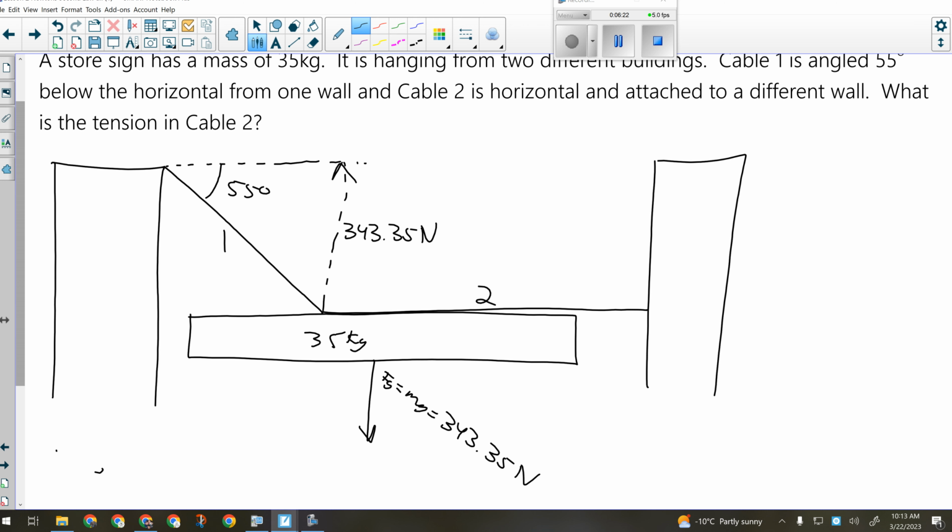So that means that this side here is what is offsetting the pulling force provided by cable 2. If I didn't have that, the sign would go flying over into the other building, and falling. It would be really bad. I need both cables in this situation. So cable 1 offsets gravity with its vertical component and offsets cable 2 with its horizontal component. The question wants me to calculate the tension in cable 2. Can I do it?